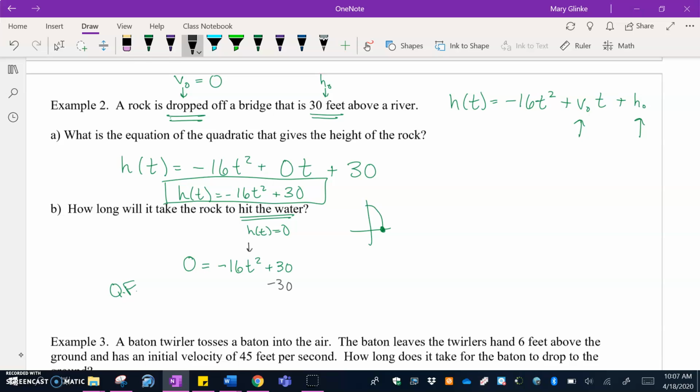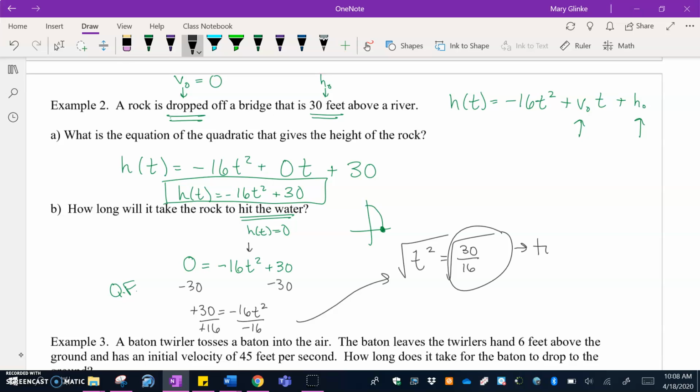I'm going to move the 30 to the other side. I get negative 30 equals negative 16t squared. I'm going to divide by negative 16, so I get t squared equals 30 over 16. The negative over the negative makes it a positive. Then I'm going to square root both sides and type this in on my calculator.